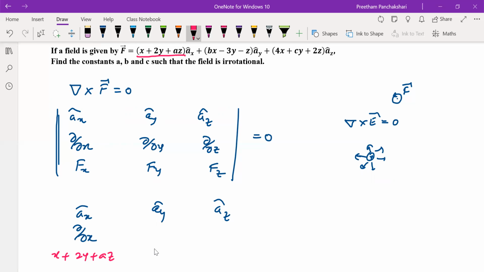This is the X component. Similarly, the Y component is given as Bx minus 3y minus Z. The Z component is 4x plus cy plus 2z.